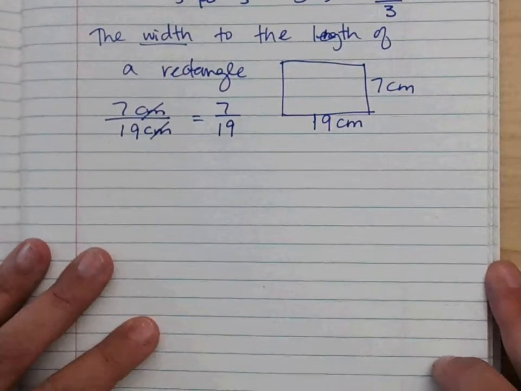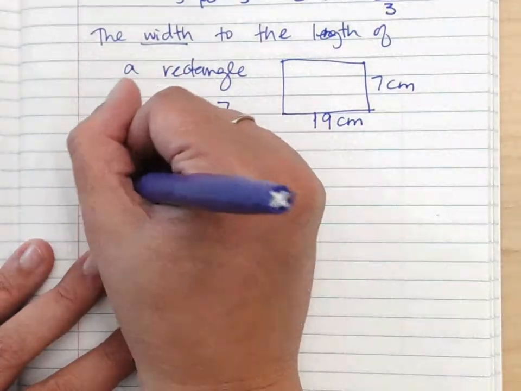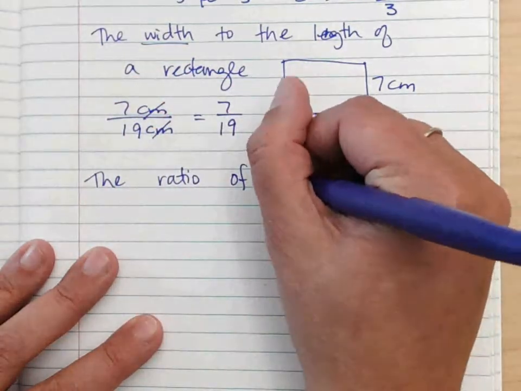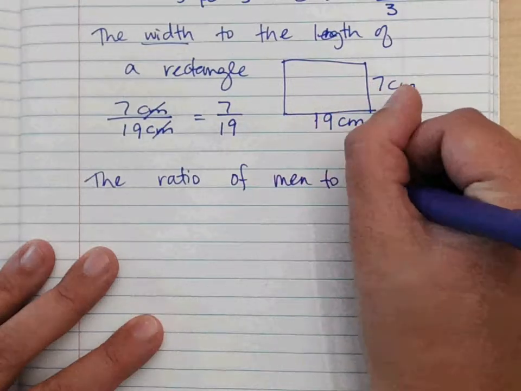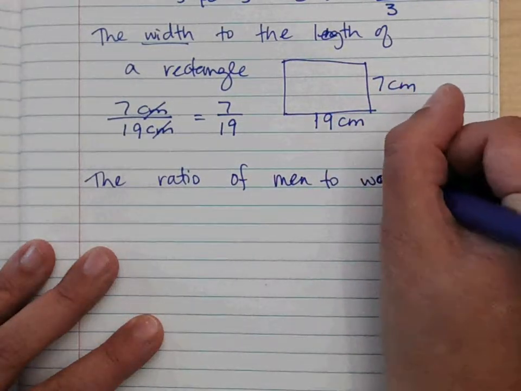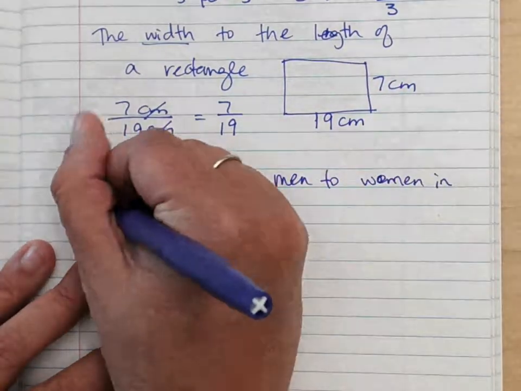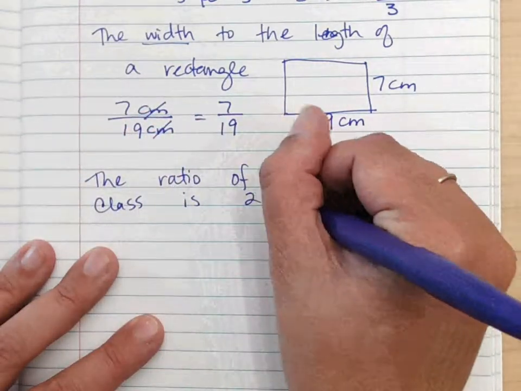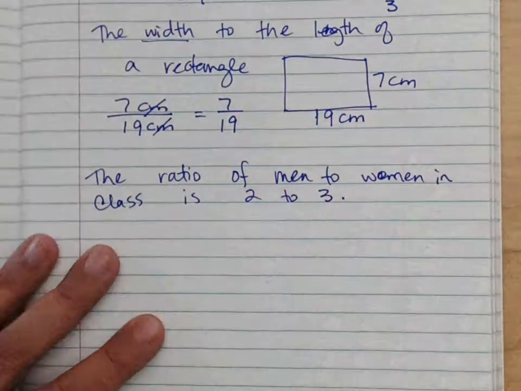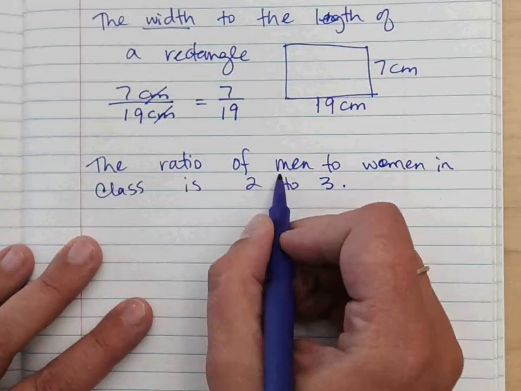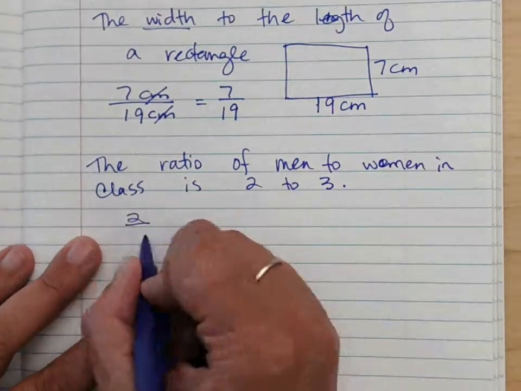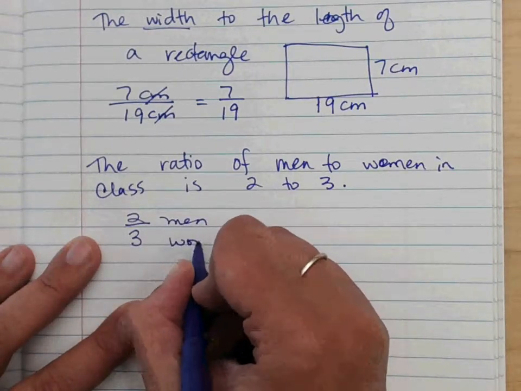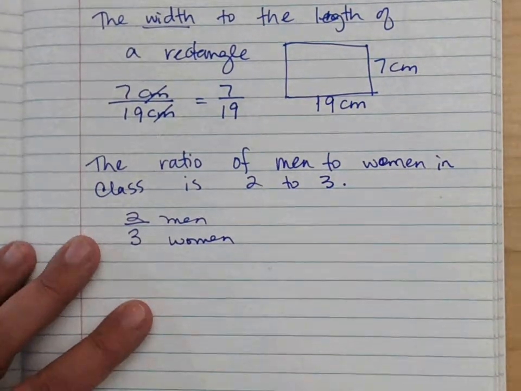What if I said the ratio of men to women in class is 2 to 3. That would mean that there were 2 men for every 3 women. This is the men, this is the women, because of the order.